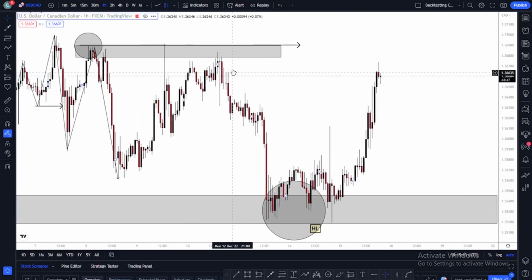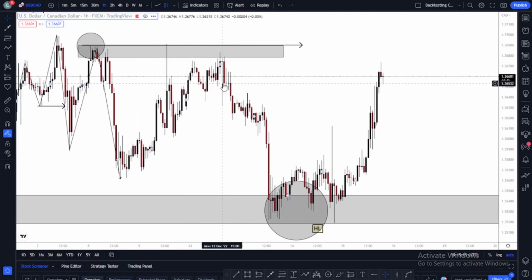Alright, so after the closure of this bearish candle, that's when I decided to enter my trade.